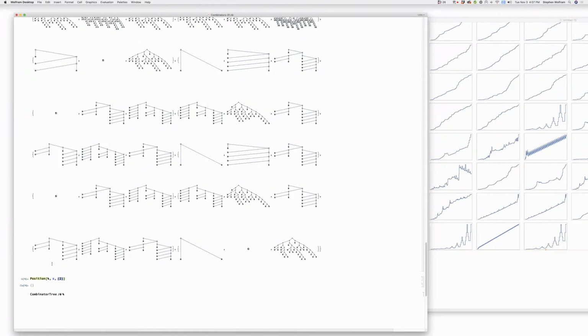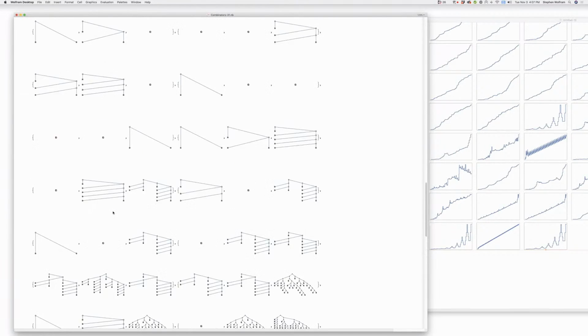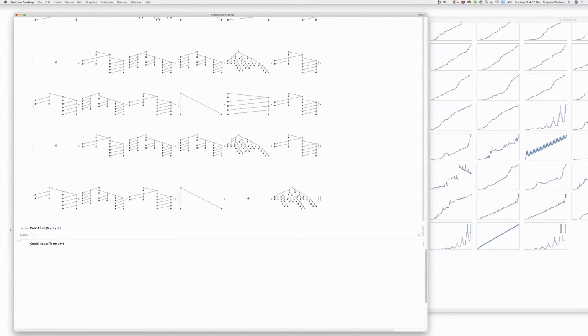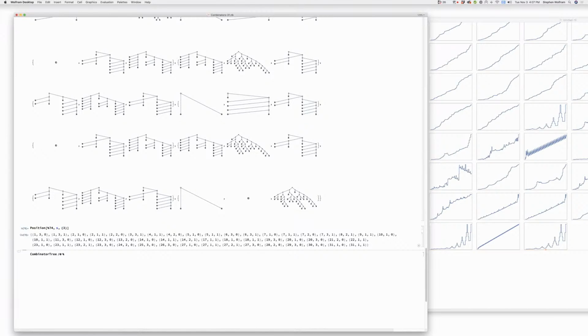Did I do the right thing? Maybe it's level 3 I want to do here. Line 74. Position in line 74 of S at level 3, I think. Okay, there we go.